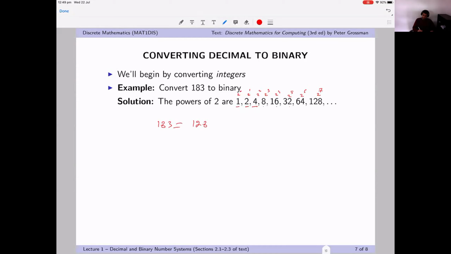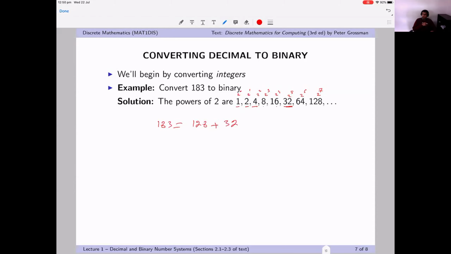Remember I said there is more than one method to write this representation, so I'm explaining just one method at the moment. So 128 plus what power can I use from here? If I add 64, this number will go to 192, which is more than 183. So I would then put 32.